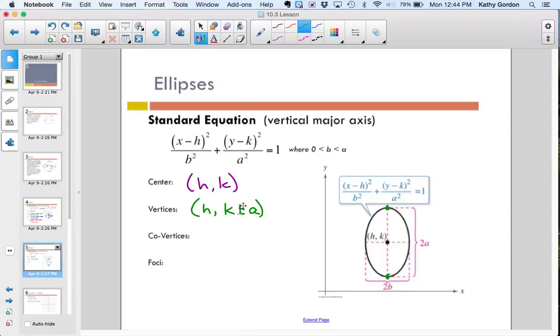So what do you suppose the ordered pairs for the co-vertices are going to be? Here and here. H plus or minus B. Right. So if A is going to affect K, then that means B has to affect H.